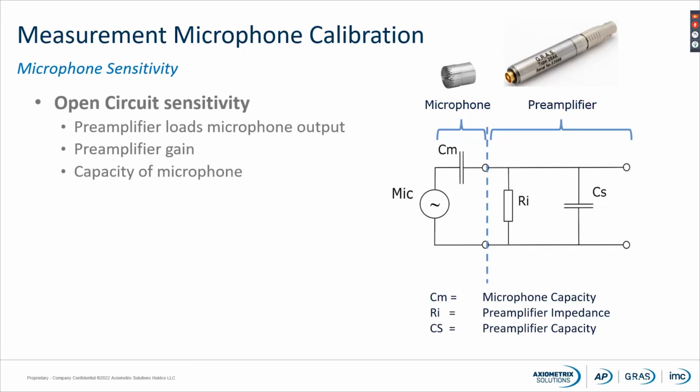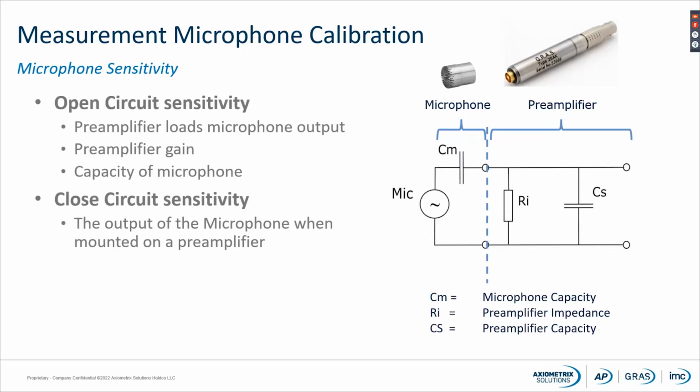It's the sensitivity of the microphone capsule without the load of a preamplifier. So we don't have a preamplifier mounted, we don't have the gain from the preamplifier. It's for the capacity of the microphone only.